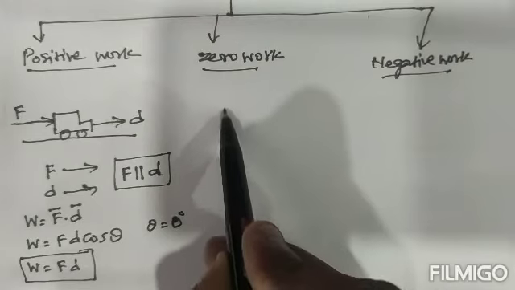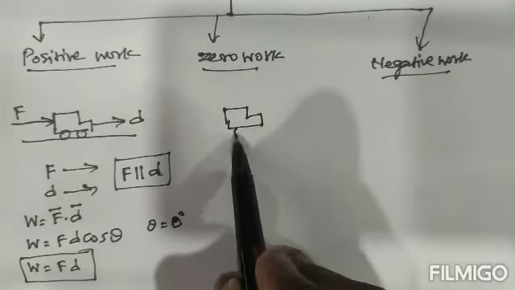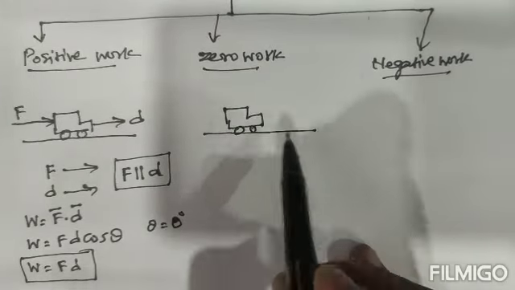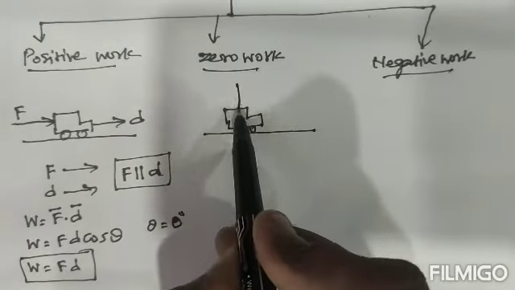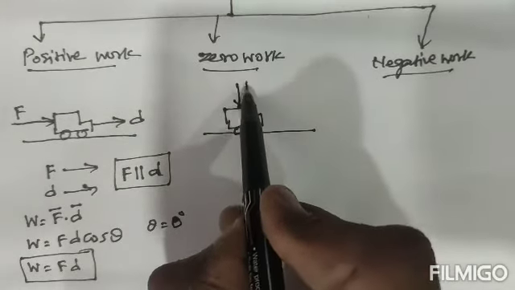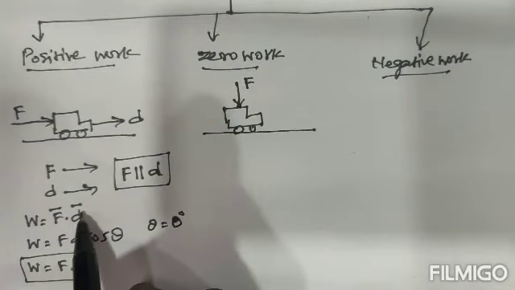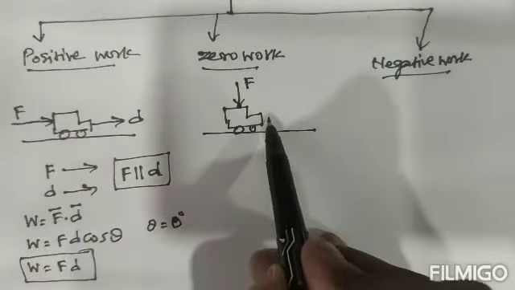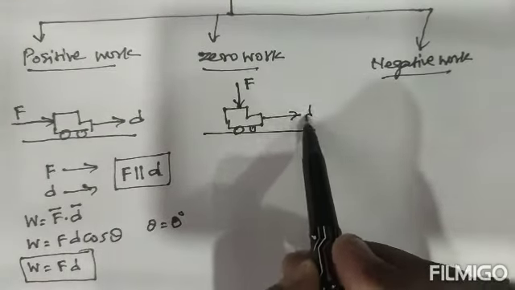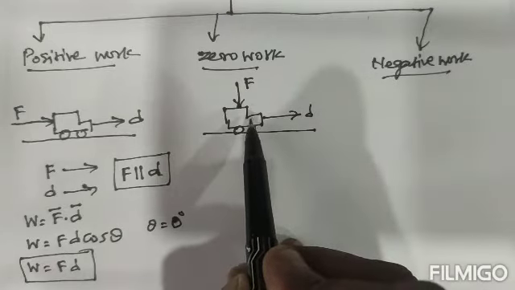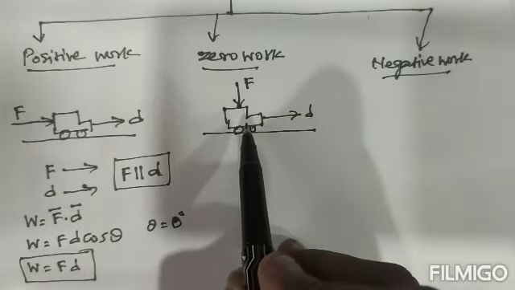Okay, the same example, let us take one object, but now I apply the force on the body like this. Actually this is the displacement direction, but I apply the force normal to the surface of the body.